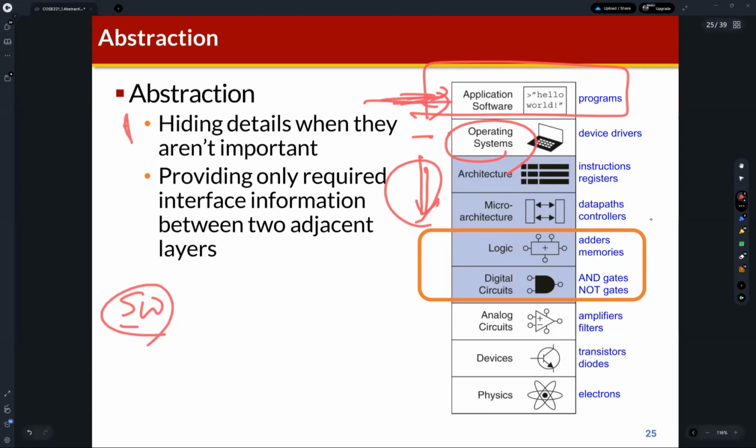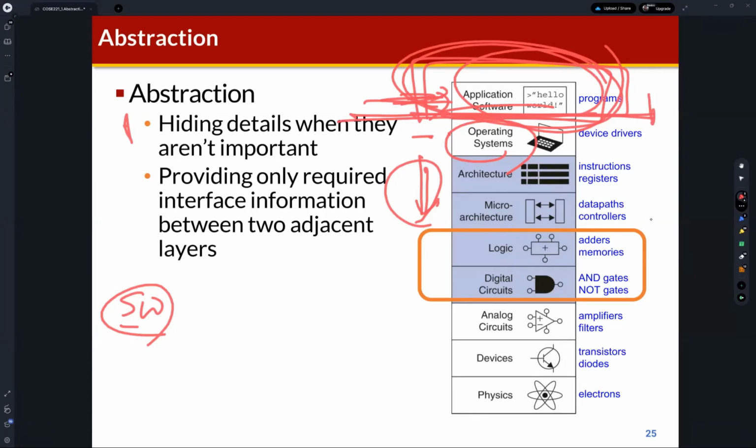Because people just focus on a certain layer only. This layer and that layer are separated from each other, and they just focus on the operations in their own layer.